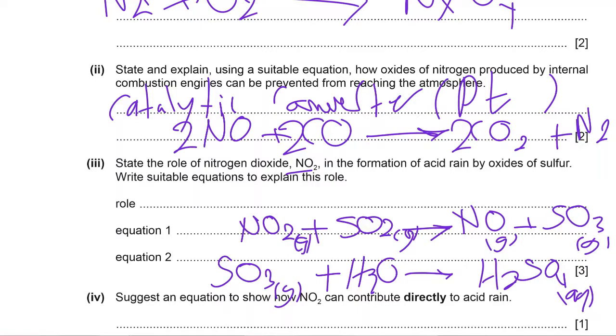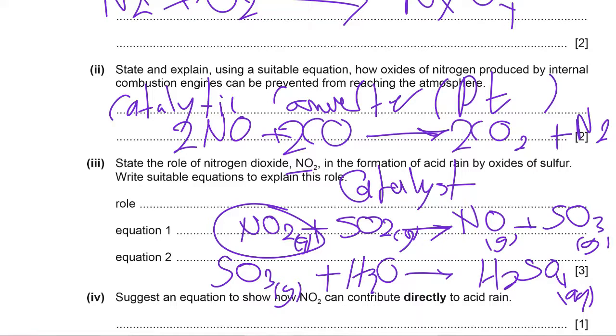Now the question, what's the role of nitrogen dioxide? The role of nitrogen dioxide is a catalyst. Why? Because to convert the SO2 to SO3, we need to make the reaction with oxygen in the presence of vanadium oxide, and this reaction needs this vanadium oxide catalyst.